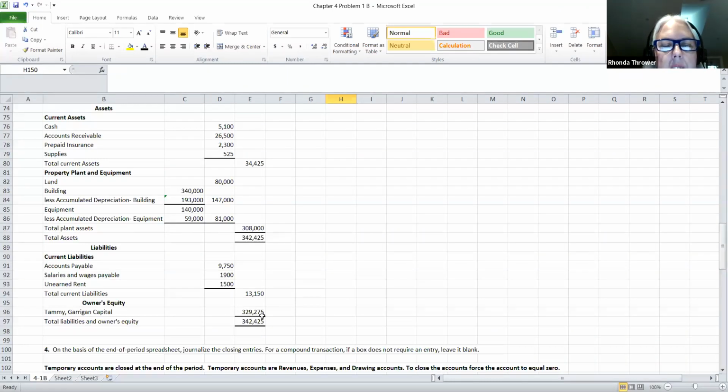So all of the account balances go on your financial statements with the exception of capital. Capital came from the statement of owner's equity.